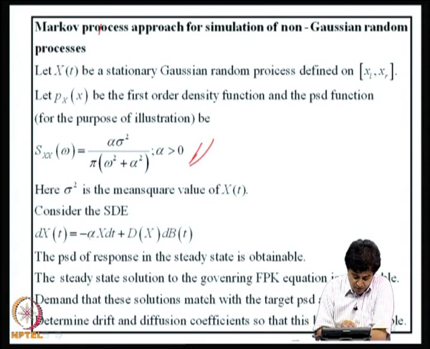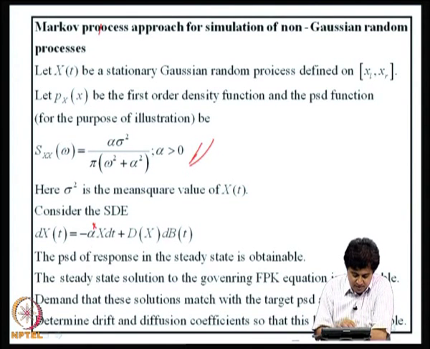The parameter alpha and this parameter d of x are unknowns. Although I have selected alpha to be the same as this, it indeed turns out that those two will be the same, but the problem statement is as follows. Suppose this alpha is say alpha star. So, the drift and diffusion coefficients are unknown. Okay.